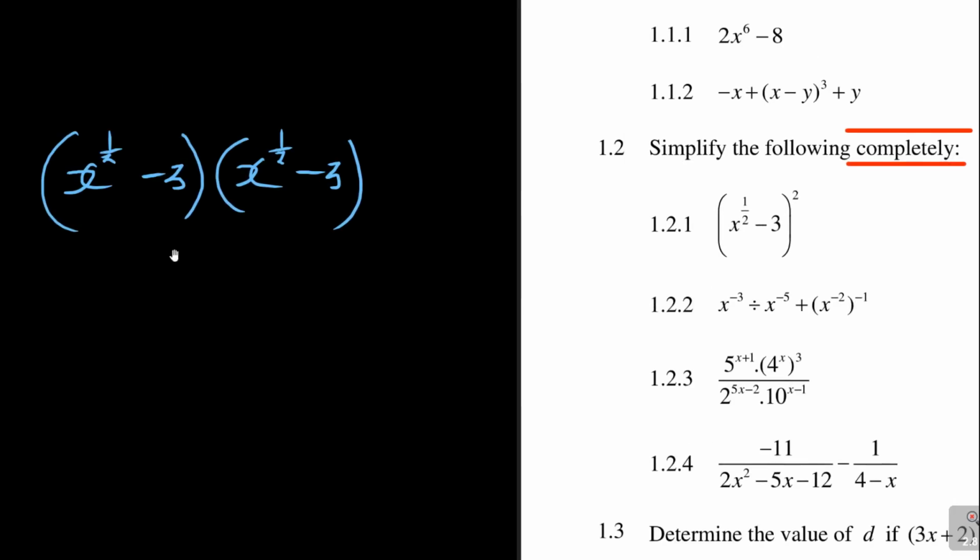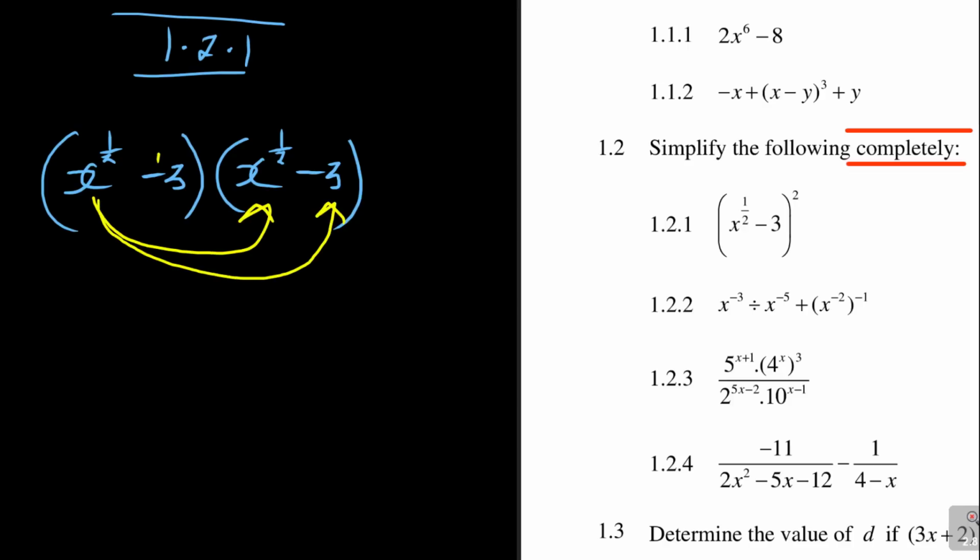In case you don't know what I'm looking at, 1.2.1. That's where we are. Alright, so look into this. It's just simple expansion, guys. There is nothing special here. This multiplies. It's a FOIL method. This multiplies. This one multiplies. And this one multiplies. They're just testing you, though, in a way with the laws of exponents.